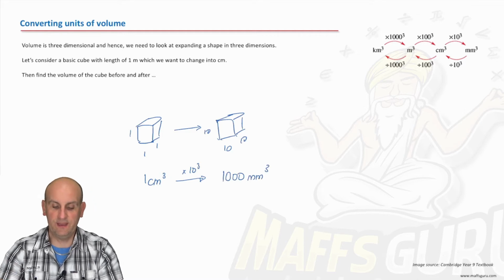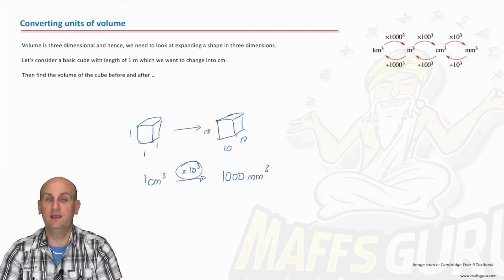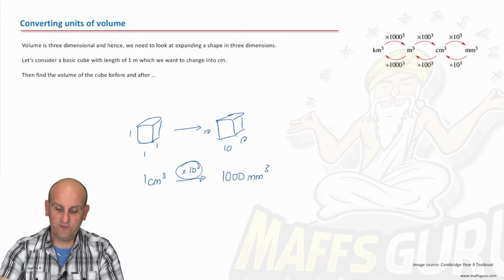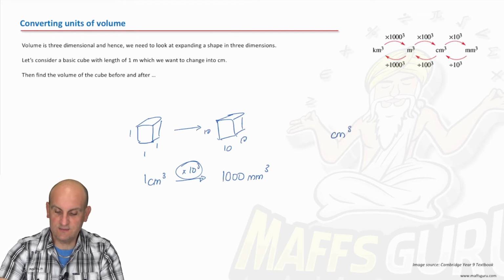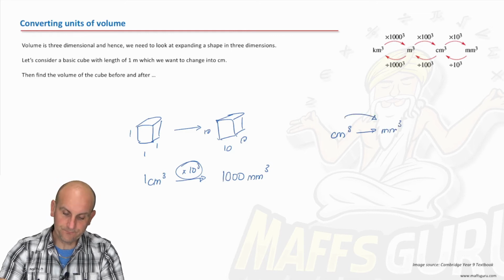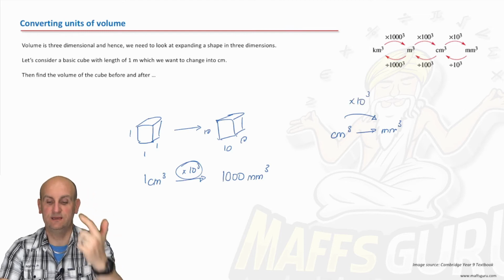Now the important thing there is this multiplier. So what I'm trying to say is, to go from any centimeters cubed into millimeters cubed, all I need to do is multiply by 10 to the power of 3. That's 10 times 10 times 10.